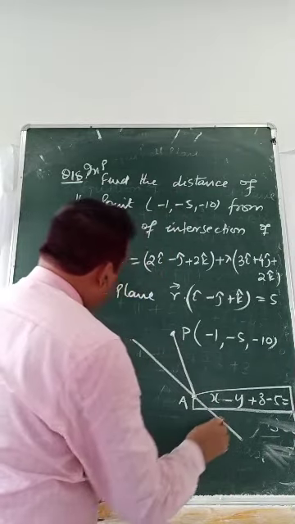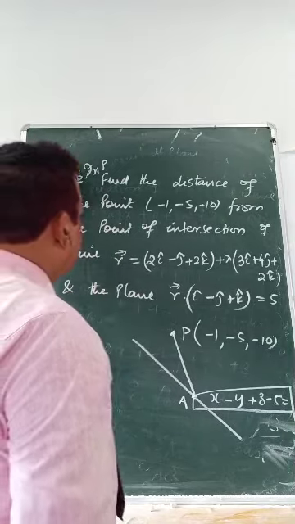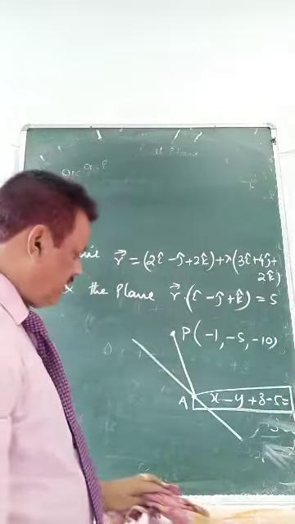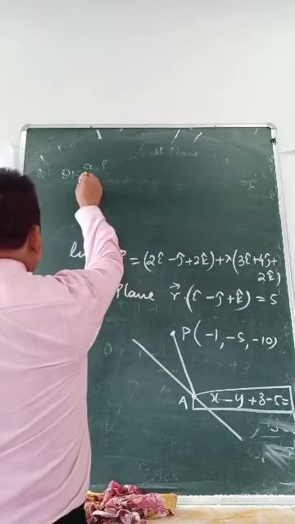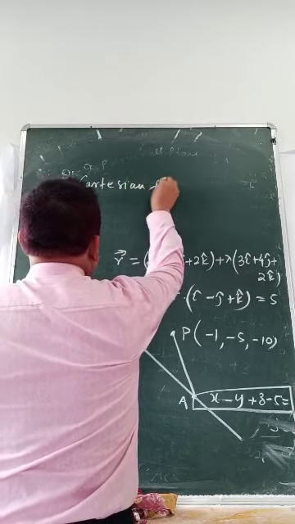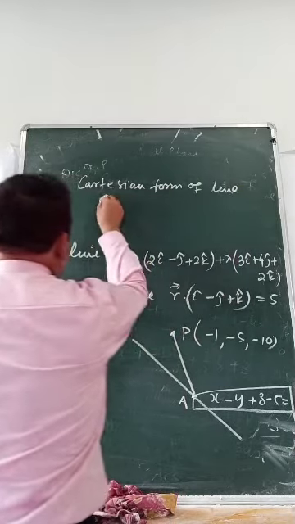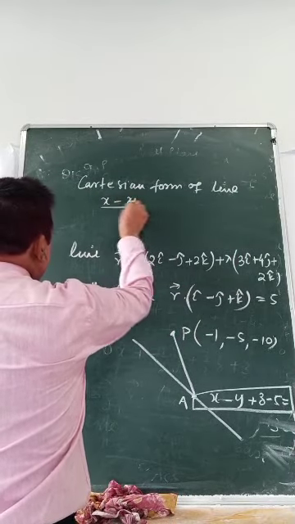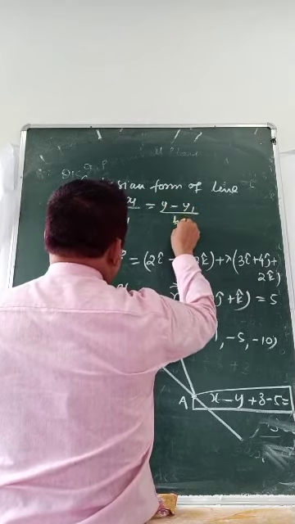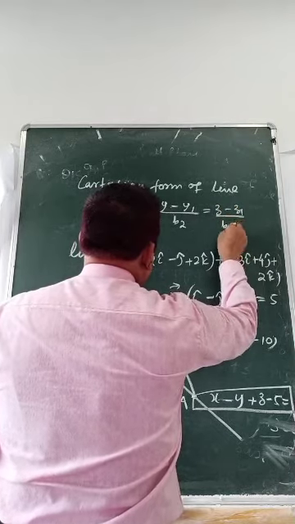The line is given to you. So what you do is write the Cartesian form of the line. Find Cartesian form of line. Formula: x minus x1 by b1, y minus y1 by b2, z minus z1 by b3.